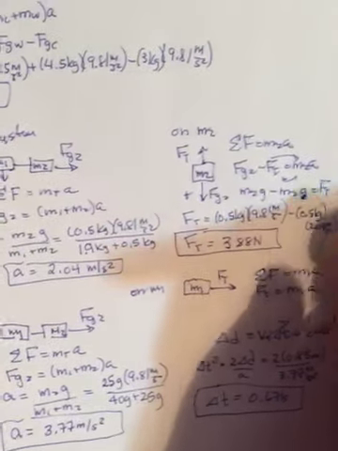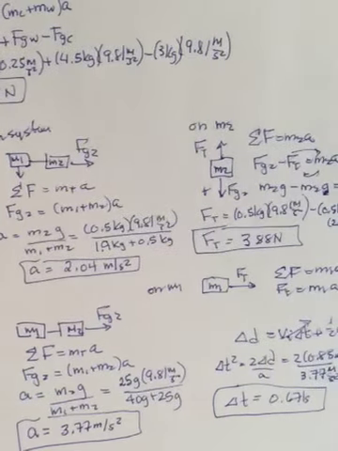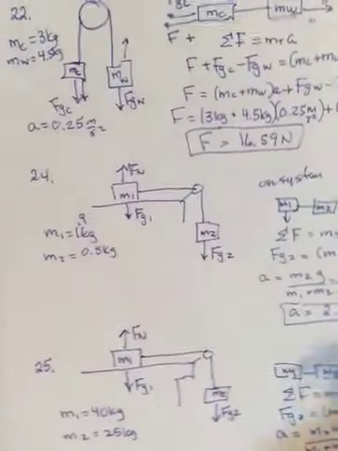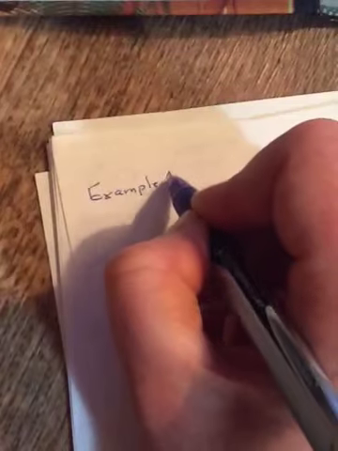I'd like to do a couple of new examples with you that are just a little bit more complicated, because these two both didn't have friction in them, and that's kind of sad. So let's do one example with friction, sitting on a level surface, and then we'll go to an incline. Okay. So example 1.